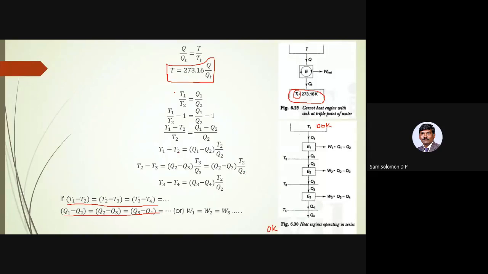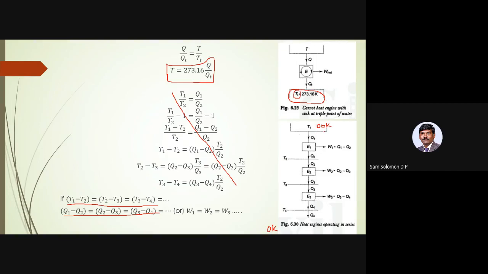So actually even these things need not be considered at all. Okay, for this particular proof, it's going to be very simple. I'll show you very easily also. Okay, so let's say I go from 100 Kelvin for this.